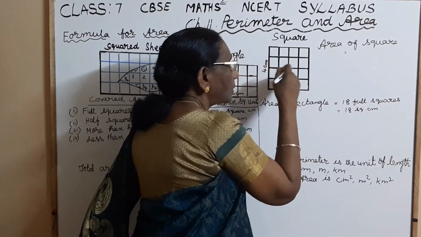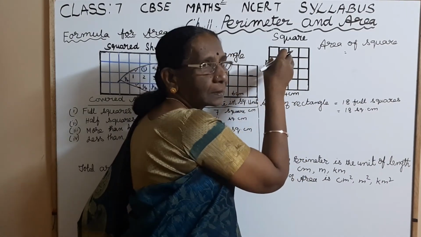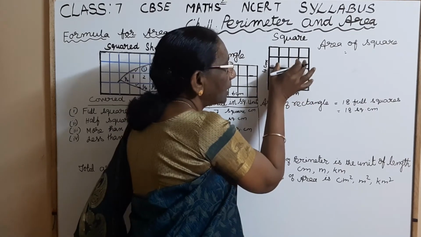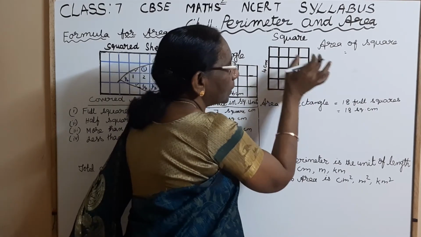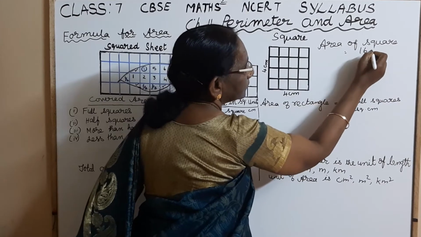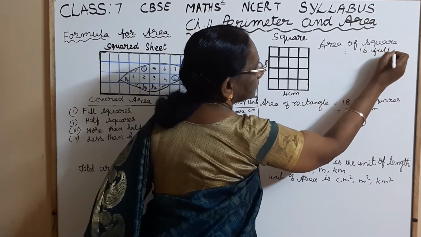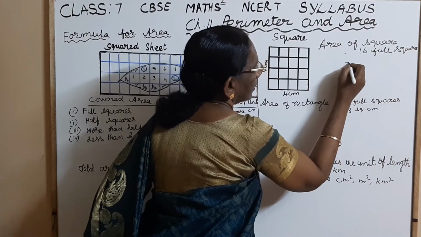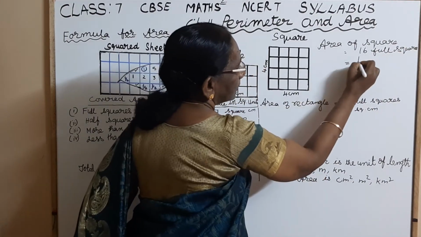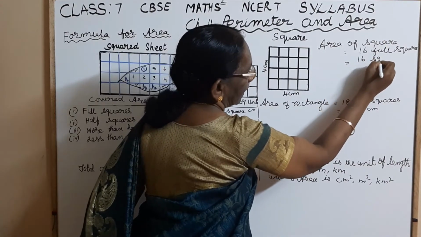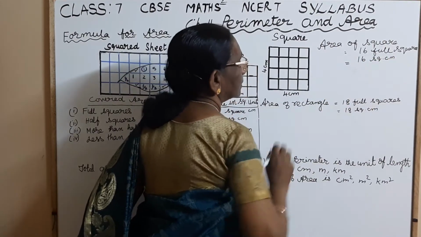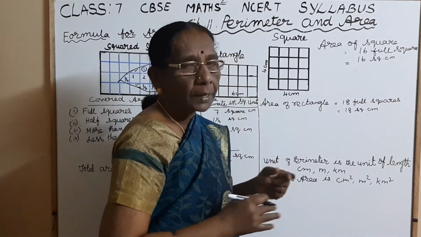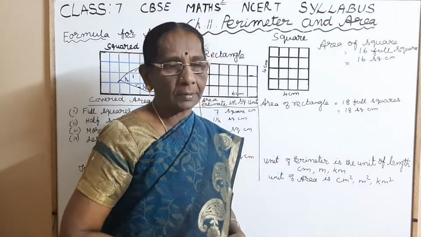Now the area of the square is the total number of squares inside the outline of the square. 4 plus 4, 8. 8 plus 4, 12. 12 plus 4, 16 full squares, or 16 square centimeter. So now we have calculated these shapes by using the squared sheet.